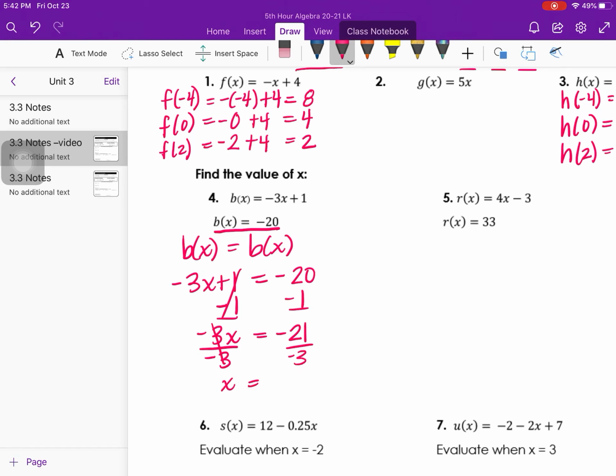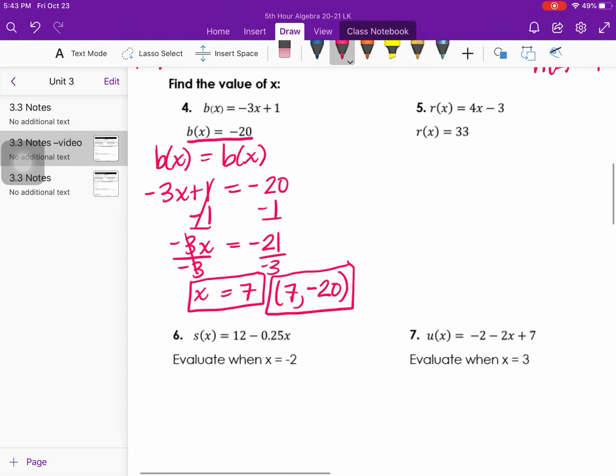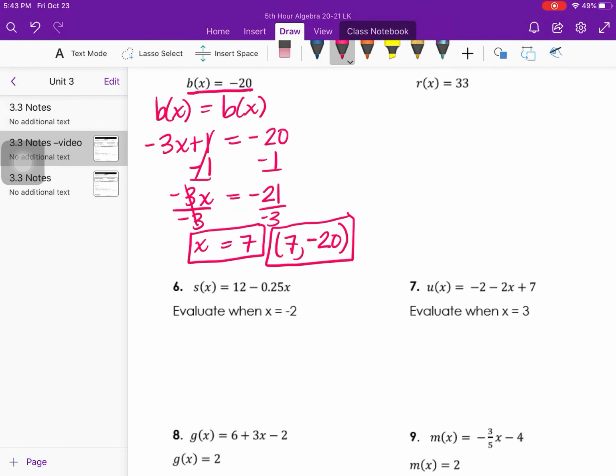So that gives me a positive 7. So I know that when my input is positive 7, my output is negative 20. It didn't ask for the ordered pair, but it's good to understand that that's another way to represent that.